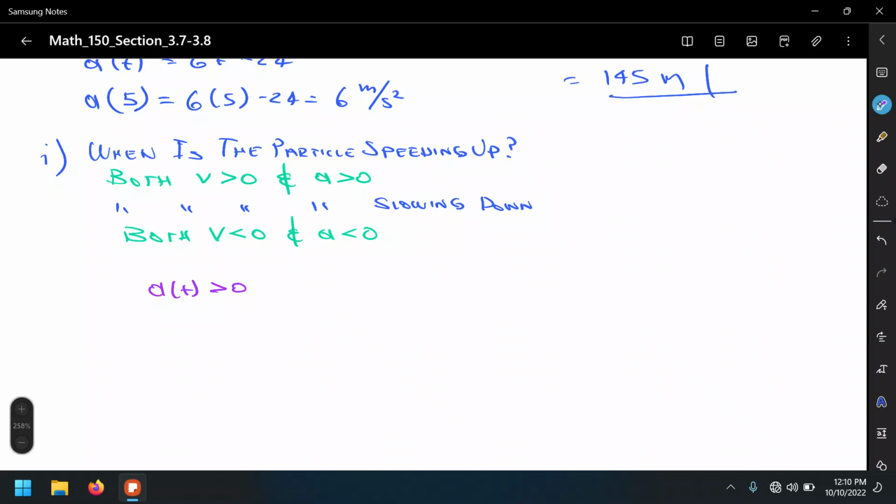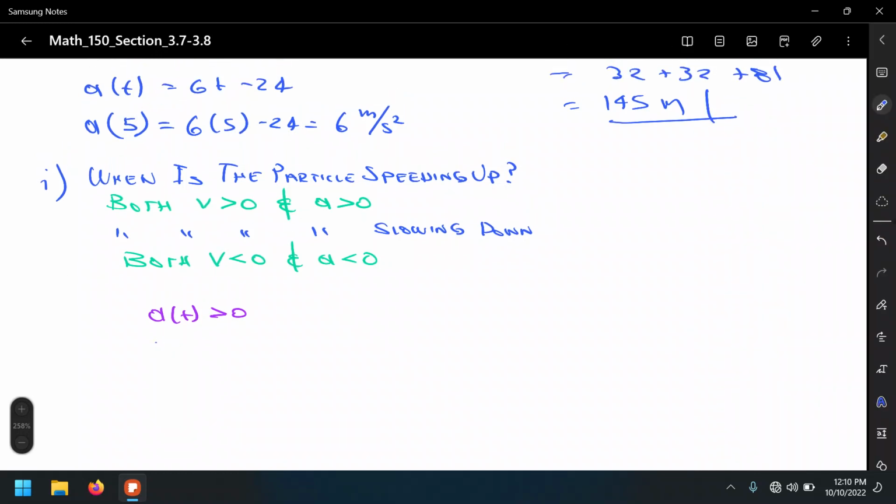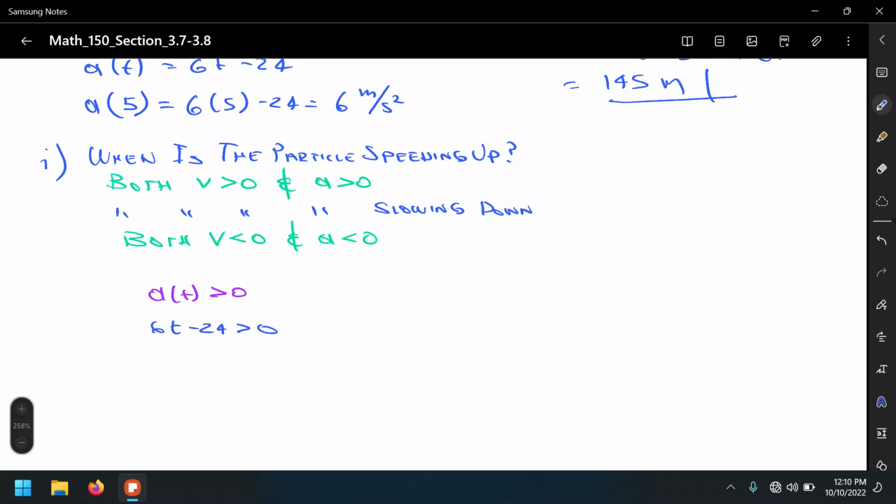Well, so we're going to set the inequality as the second derivative 6t minus 24 greater than 0. Solve inequality. This is a baby linear inequality. That's a 6t greater than 24 and t greater than 4.